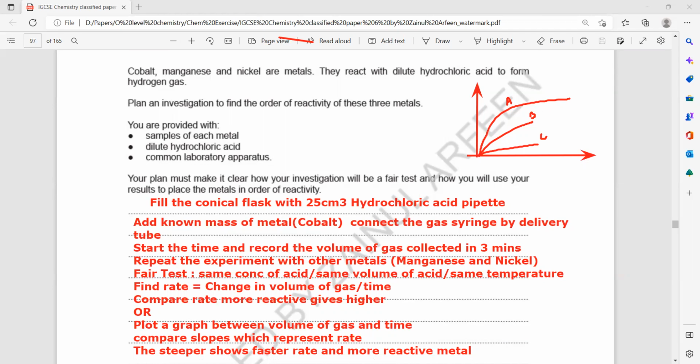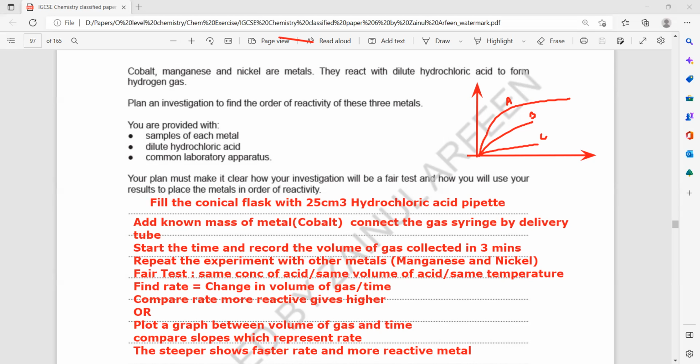Is it clear, this experiment, how it can be done and how we can find the rate of the chemical reaction? Yes, sir. Sir, in the first step, can I include the temperature inside the experiment, like when I say fill the conical flask with hydrochloric acid at the same temperature for all the conical flasks? Yes, that's right.